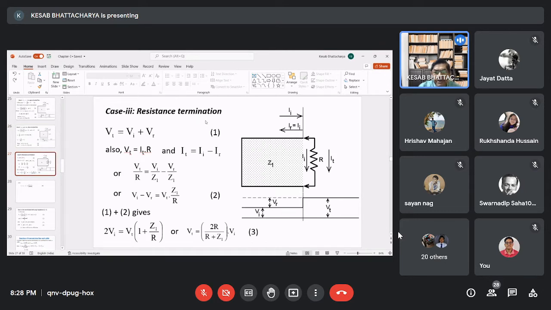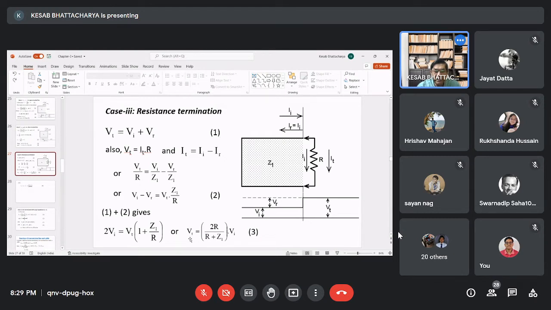Resistance termination. Here, what all we have to do? We have to replace Z2 by R. You see, Vt is equal to Vi plus Vr. Vt is equal to It into R. Since here Z2 is replaced by R, so Vt can be written as equal to It into R. And finally, we get like this. This is 1, this is 2.